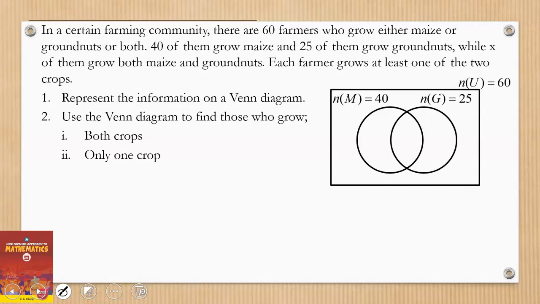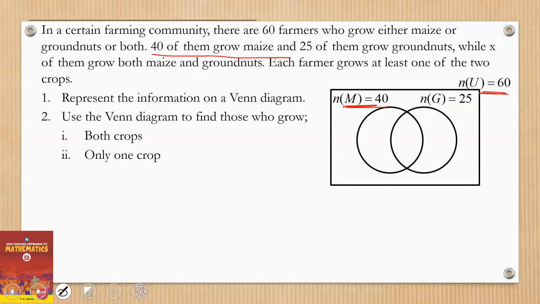So what we have to do quickly is to use letters to represent some of these parameters. The question said, in the certain community, there are 60 farmers. So that means our universal set is 60. Let U represent our universal set, which you have to write down. Then they said they grow either maize or groundnut. 40 of them grow maize, so the number of those who grow maize is 40.